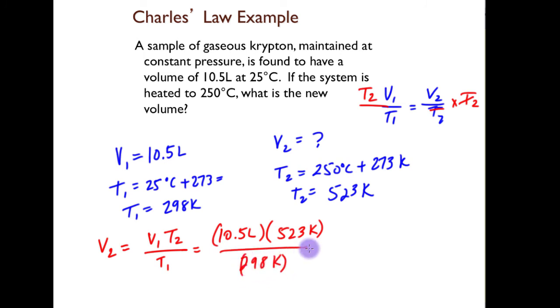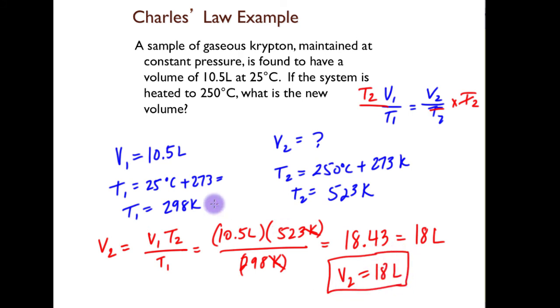I can simplify this and see what the answer is. I've got 18.43. Looking at significant figures, I have a 3, a 2, and a 2, so I should keep this at 18. Kelvin cancels, so I'm left with 18 liters.